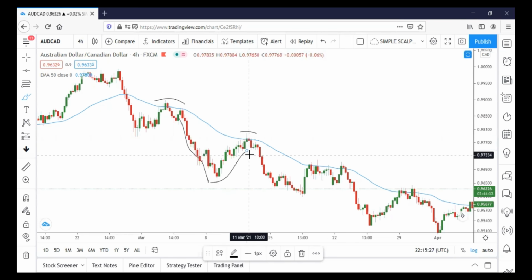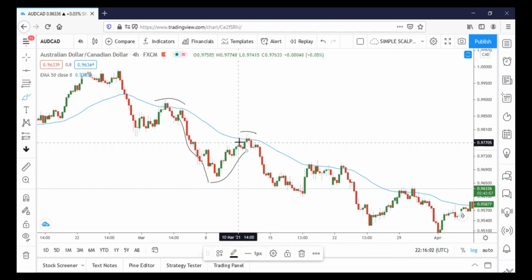So what do we need to see before we take a trade so that we don't just jump into the market blindly? Once price comes back into the 50 EMA, you want to wait for your candlestick pattern, your bearish engulfing, a candlestick pattern that tells you that price is on its way down. After the appearance of the candlestick pattern, you want to take your trade.